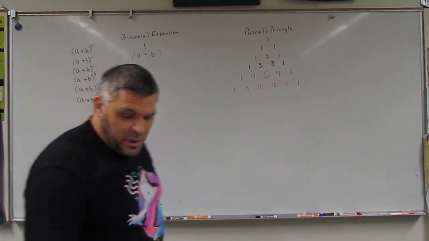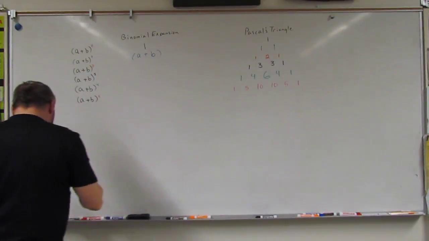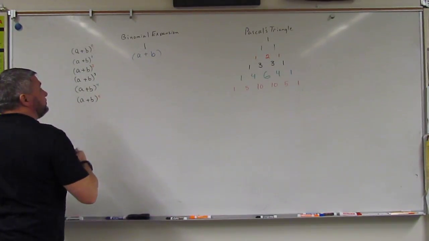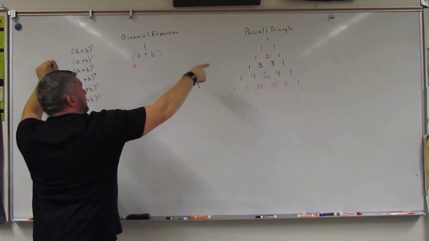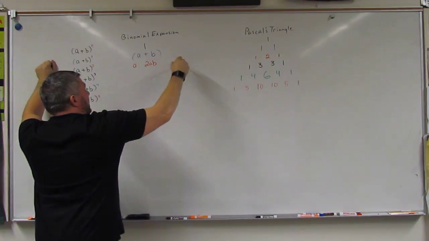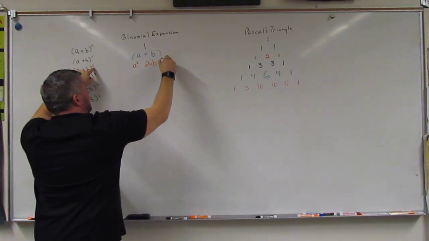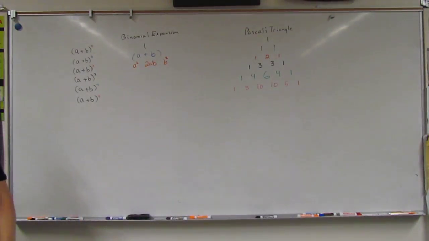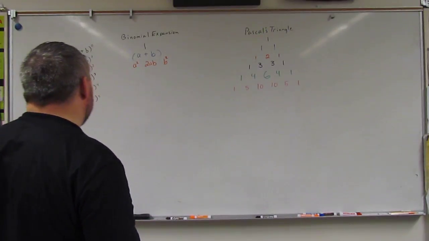Okay? And then the next one is there's 1A, there's 2ABs, and there's 1B, but they're squared, right? And there you go.